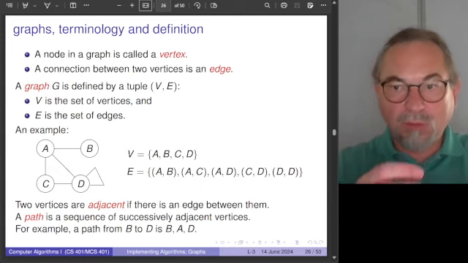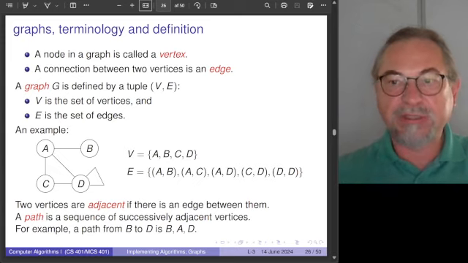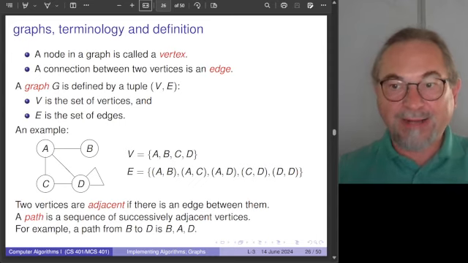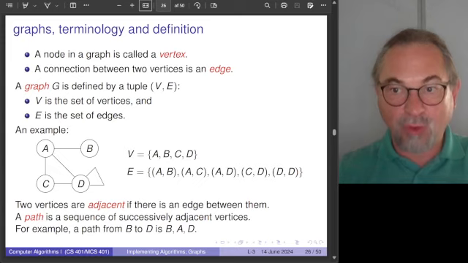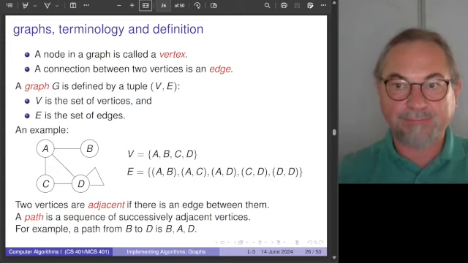A node is called a vertex, and we collect all the vertices in the set which we denote by the capital V. If two nodes are connected, then there is an edge, and we collect all edges in the set capital E. So a graph is a set of vertices and a set of edges.